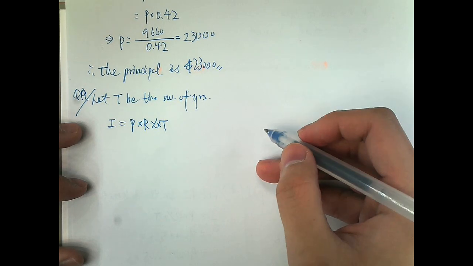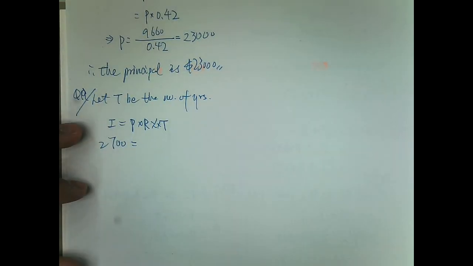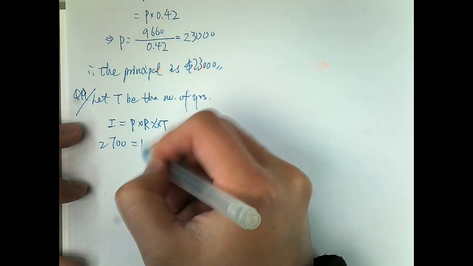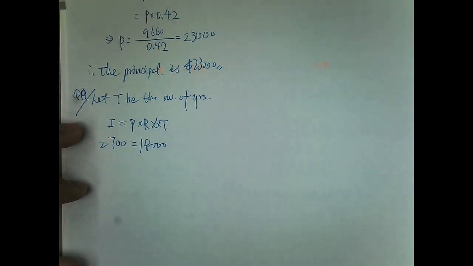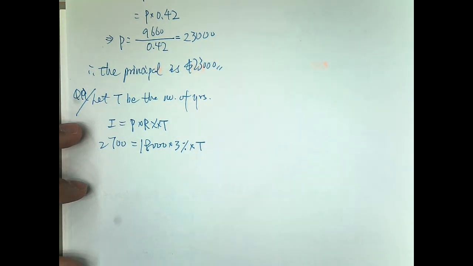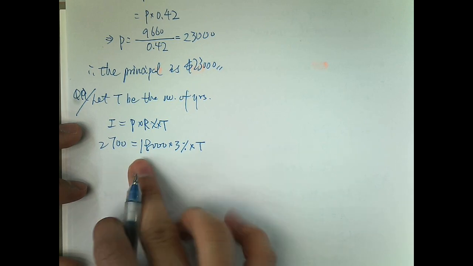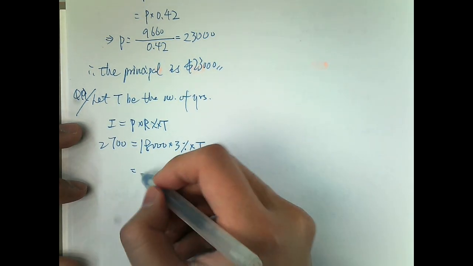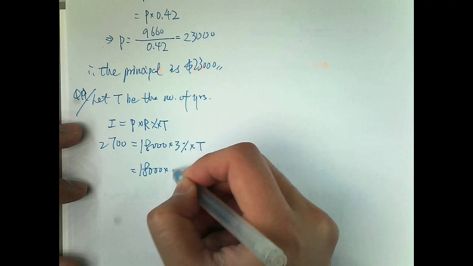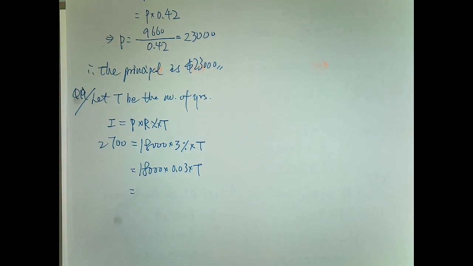The I here will be 2,700. The P here is 18,000 times 3% times T. Understand? So do not divide both sides by this, but calculate these two numbers first. This will be 0.03 times T. Okay? So go to your calculator.